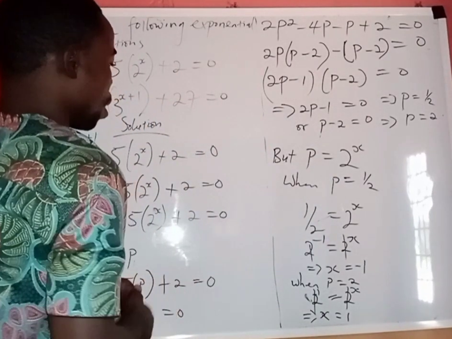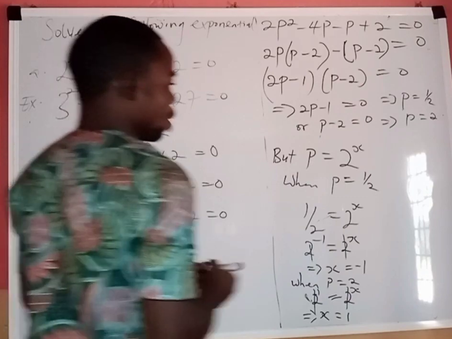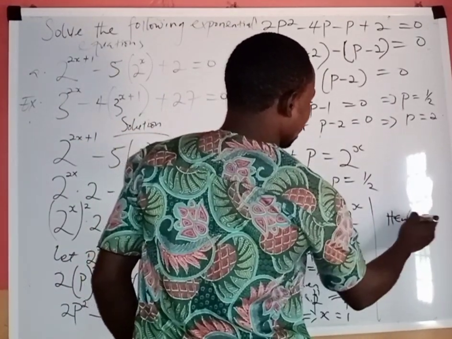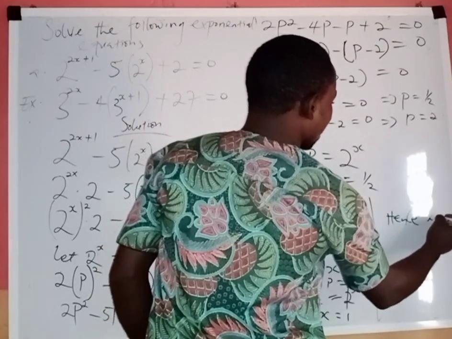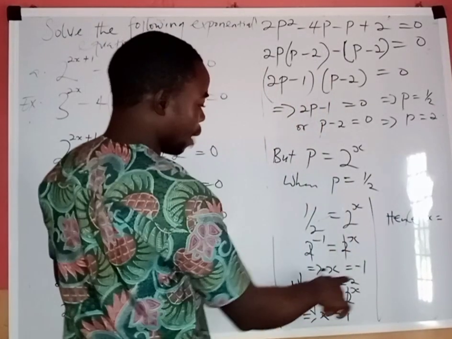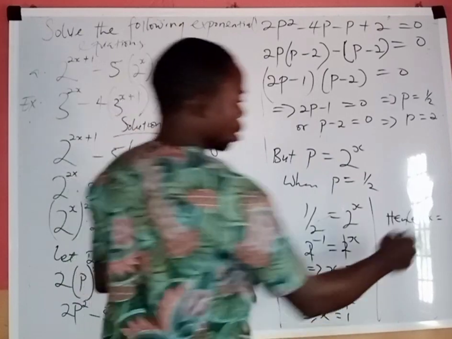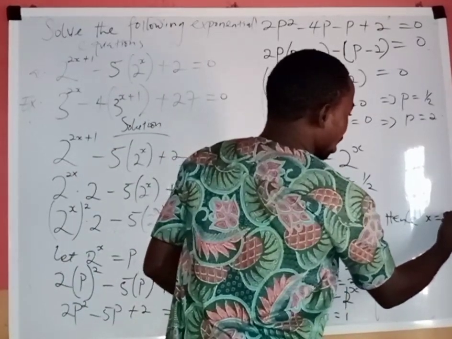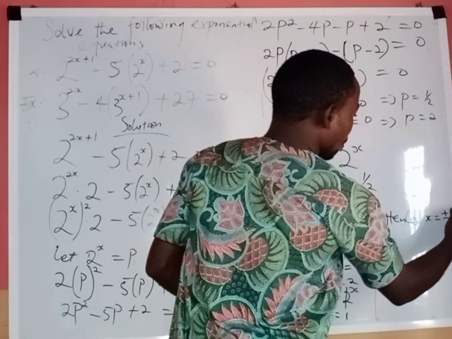Hence, finally, x is equal to: the first one is minus 1, and the second one is 1. So our x is equal to plus or minus 1.